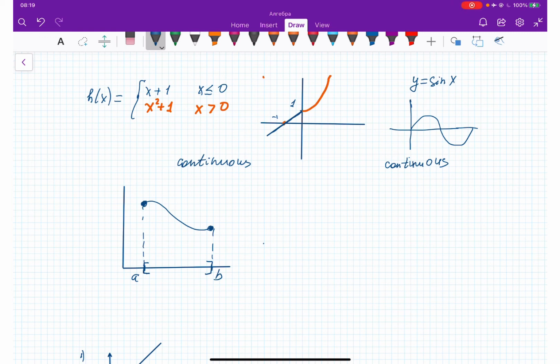So the function f is continuous on the closed interval a through b if it's continuous on open interval a, b, and let me mark it down as the condition.